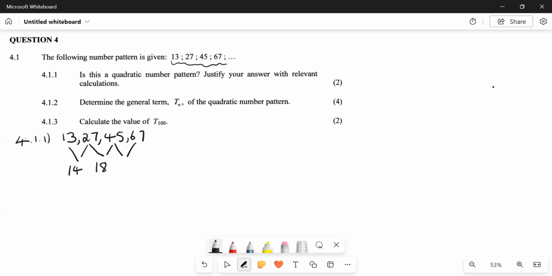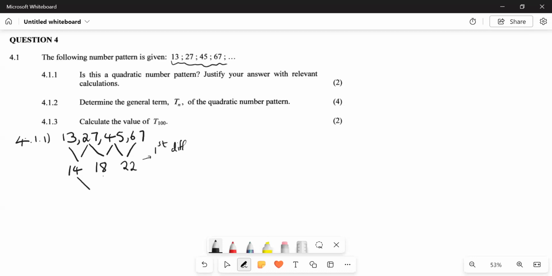T4 minus T3, that's 67 minus 45, we get 22. So this is our first difference. Don't get confused.